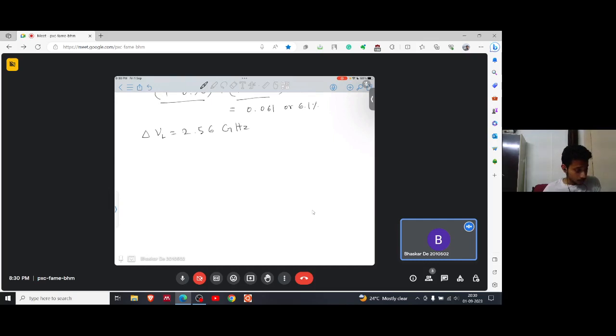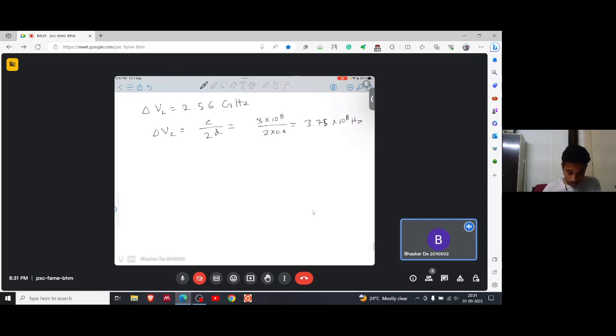And the mode spacing is c by 2d equal to 3 into 10 to the power 8 by 2 into 0.4, that is 3.75 into 10 to the power 8 hertz.